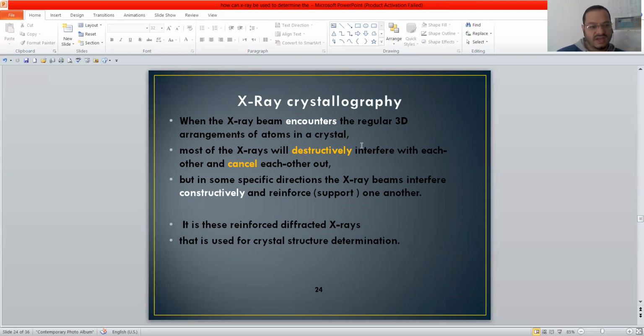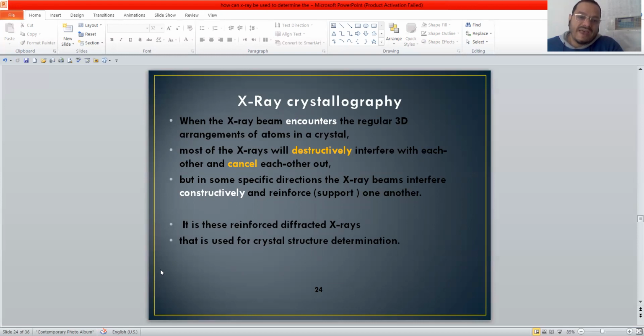One point came from the incident X-ray beam, but the other came from the diffracted X-ray beams, which means a weaker wavelength than the middle point. Most of the X-rays will destructively interfere with each other and cancel each other. Here is important. Here we're talking about another thing related to the plate figure, the plate imaginary image.